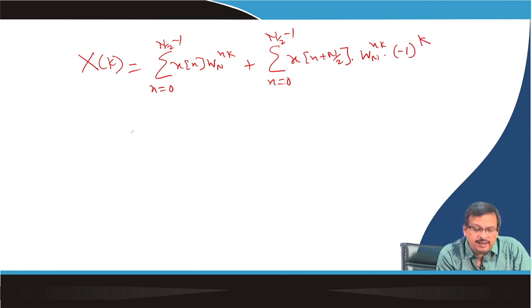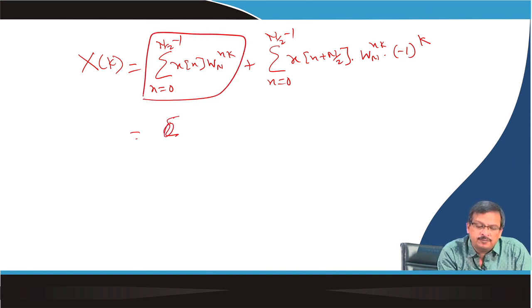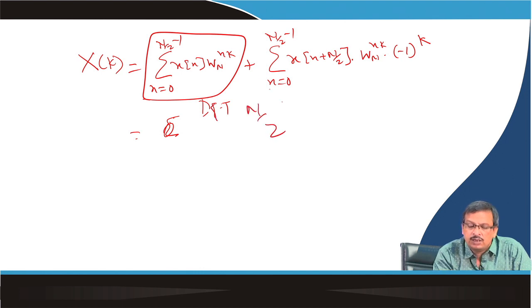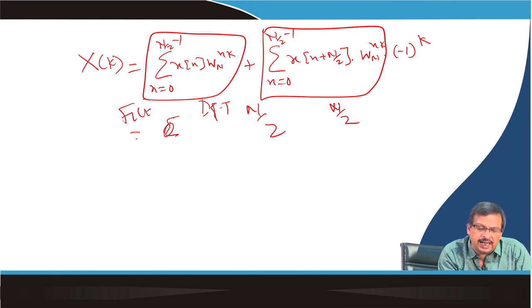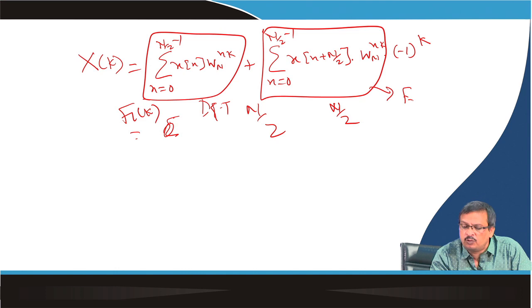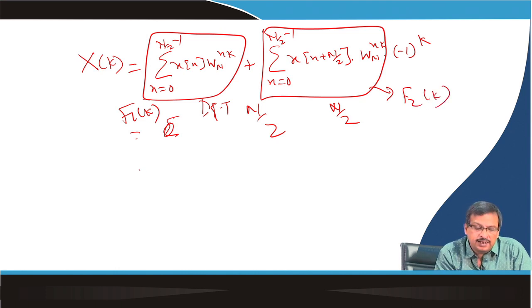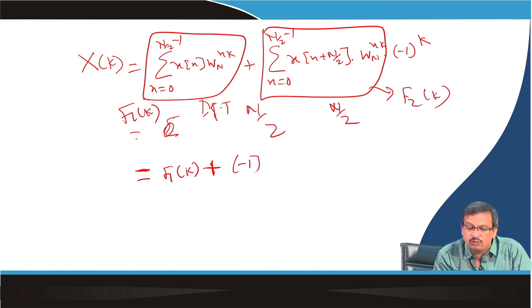So, this one is a DFT of length N by 2, and this one is a DFT of length N by 2. If this one is F1[k] and this one is F2[k], then X[k] is nothing but F1[k] plus minus 1 to the power k times F2[k].